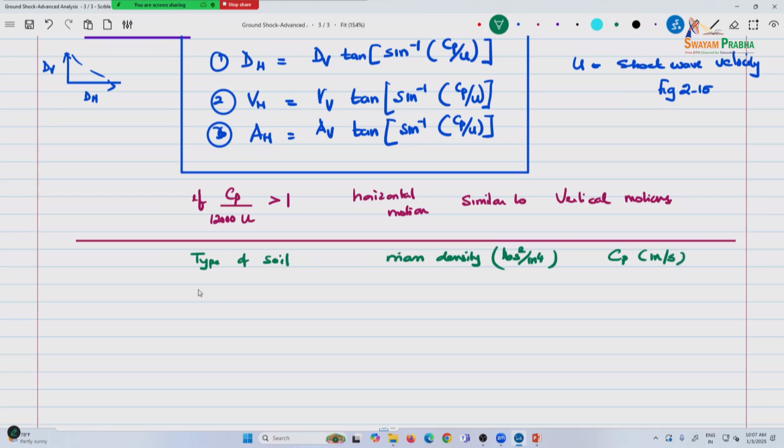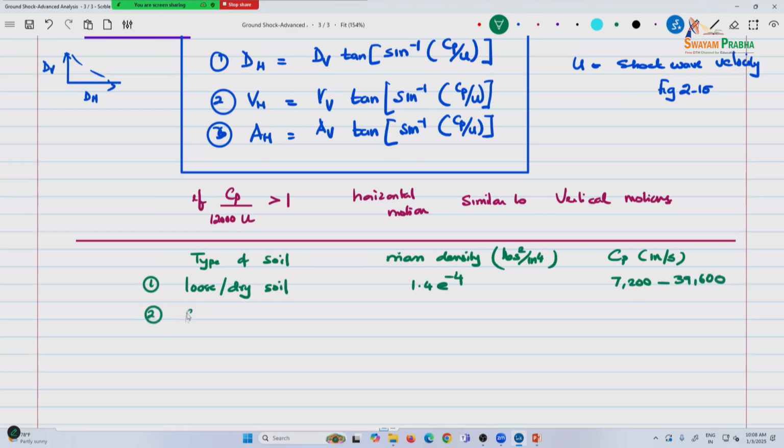For loose or dry soil, you have the density of 1.4 e to the power minus 4, and the range for Cp is from 7,200 to 39,600 inches per second.